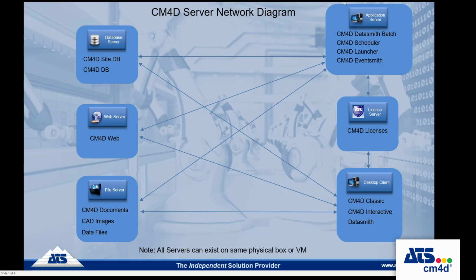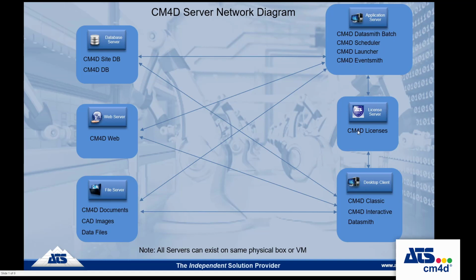So to start, if the company is using what's known as the enterprise setup for CM40, which includes automation, CM40 Web, and the ability to manage end users with the site database, then basically they would have at least one application server where they would have CM40 Batch, Scheduler, Launcher, and Eventsmith installed through the CM40 application or server installer.